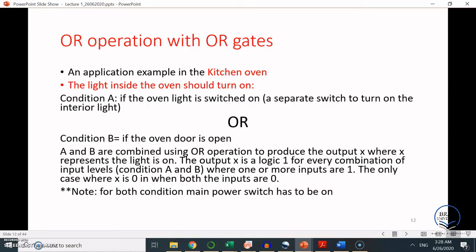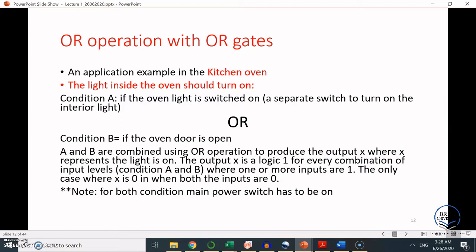OR operation, the OR gate. An example of such is a kitchen oven. The light inside the oven should be turned on. For that, we have two conditions, condition A and condition B. Condition A is if the oven light is switched on by a separate switch, or condition B, if the oven door is open.